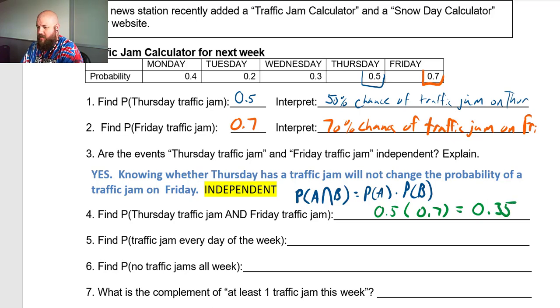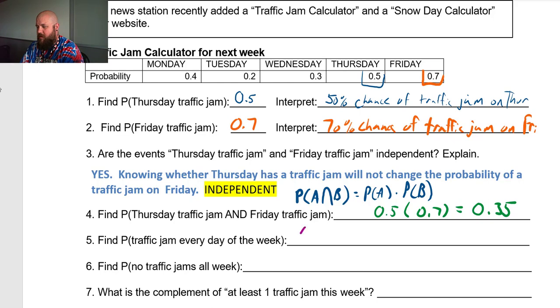All right, so now it says the probability of a traffic jam every day of the week. Well, we're going to simply take every one of those probability values and multiply them together.